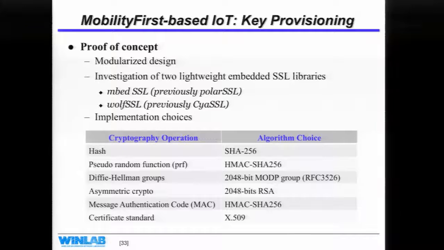We implemented two sets of crypto wrappers for both of the libraries. At the point of the prototype implementation, we found out that Embed SSL was more robust and more user-friendly. So we integrated Embed SSL and its crypto wrapper into our final prototype.